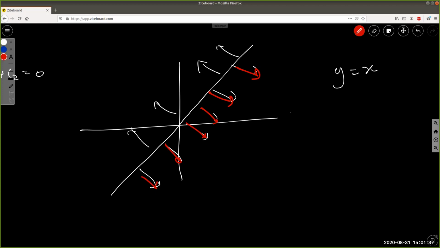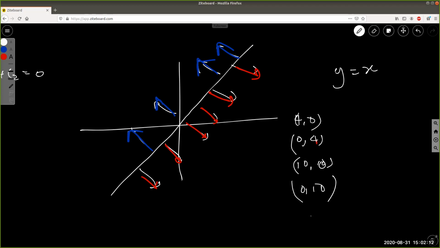So how do you find if some point, say 4, 0, is on the red side or the white side? Suppose this is the blue side. I'm putting a point, and you have to tell me which side. 4, 0; 0, 4; 10, 0; 0, 10; 2, 10; 10, 2; minus 4, 0; 0, minus 4.